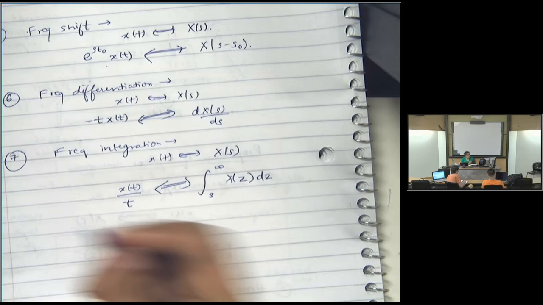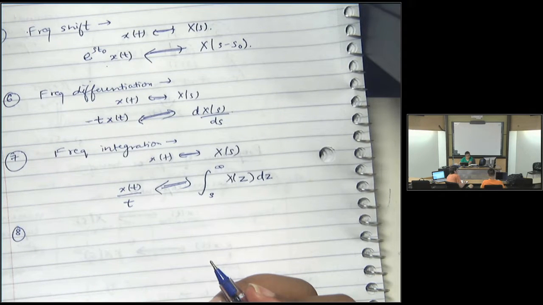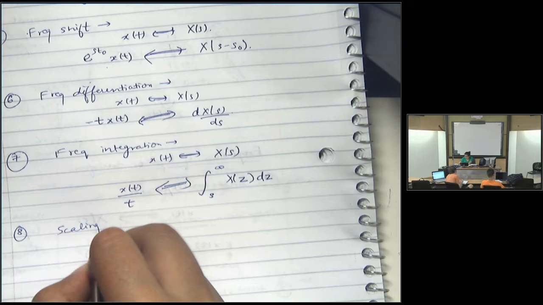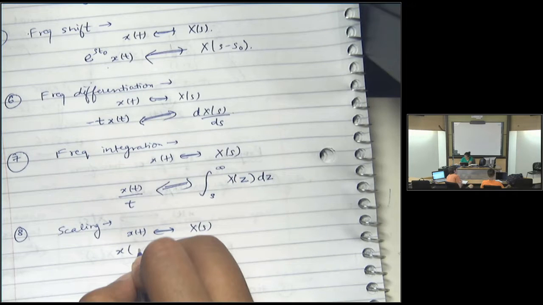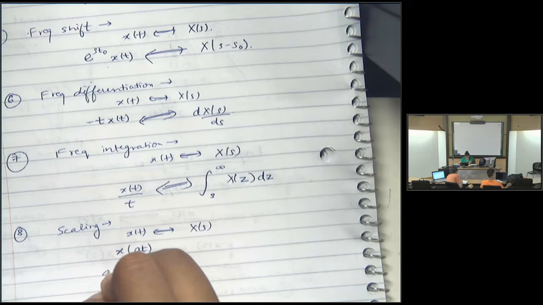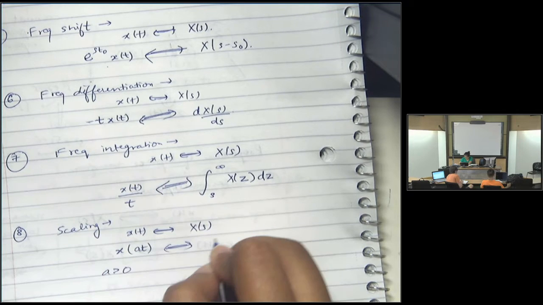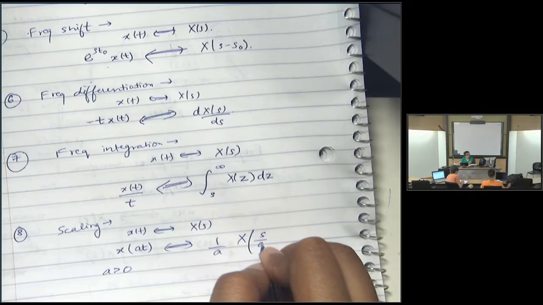Any questions? Next is scaling. So if x of t has Laplace transform x of s, x of at, here a is greater than 0, will have a Laplace transform 1 over a, x of s over a.